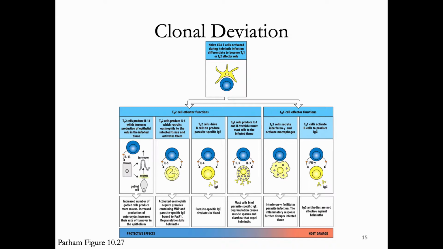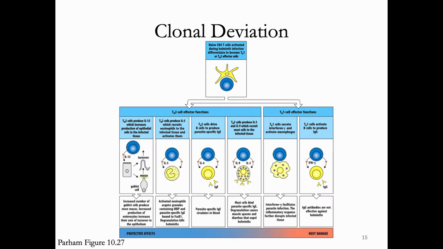The idea with clonal deviation is that in any particular circumstance, the circumstance shown on this slide is an infection with a helminth, but we can think of a lot of potential circumstances, some types of CD4 T cell subset responses are going to be good and protective, and other types of CD4 helper responses are going to be bad and not protective.